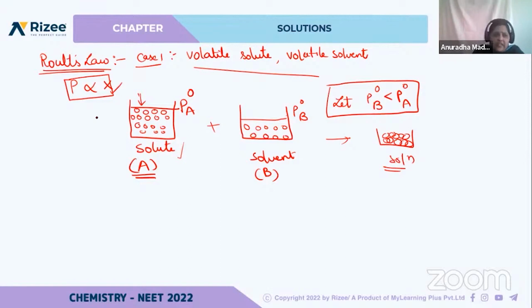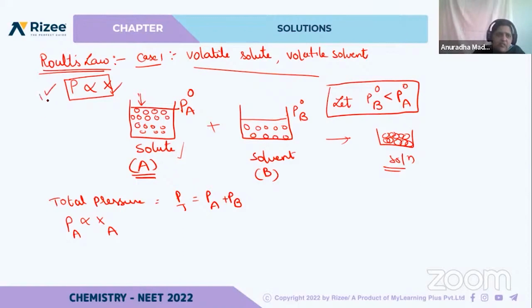Let's calculate that. What is the total pressure formula? Total pressure PT is equal to PA plus PB. We discussed all these things. Based on vapor pressure, what did we understand? By Raoult's Law, vapor pressure is directly proportional to mole fraction.